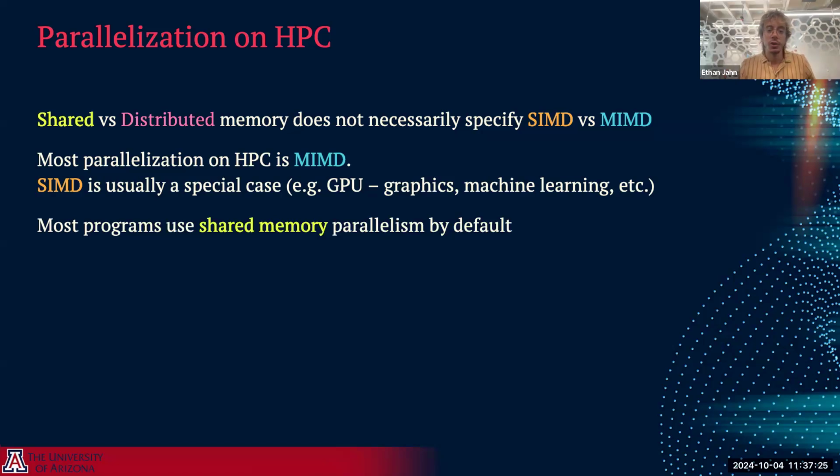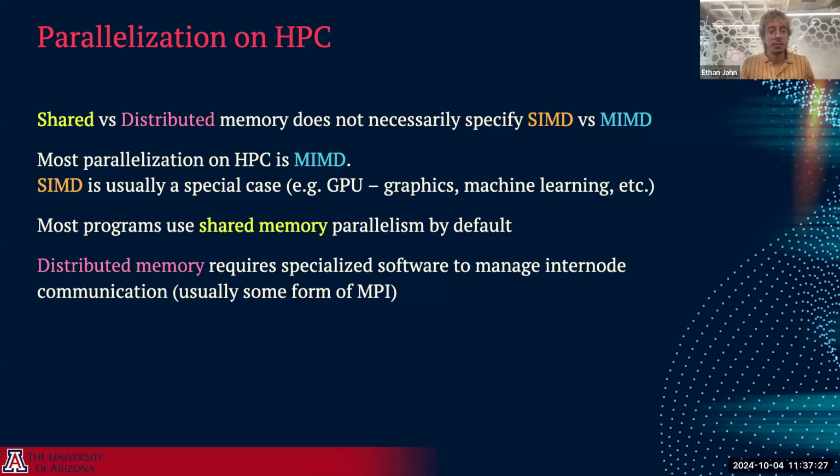Most programs use shared memory parallelism by default. Distributed memory requires specialized software, as we talked before, to manage internode communication, usually some form of MPI. So that's important to remember if you're interested in scaling up your work to go from shared memory parallelism to distributed memory parallelism. This is not something that can be done just by requesting multiple nodes.